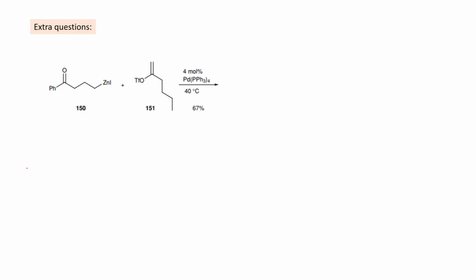So let's start. This is simple. Whenever there is a leaving group type of species and palladium is there, it will be easily incorporated into this R-X bond.